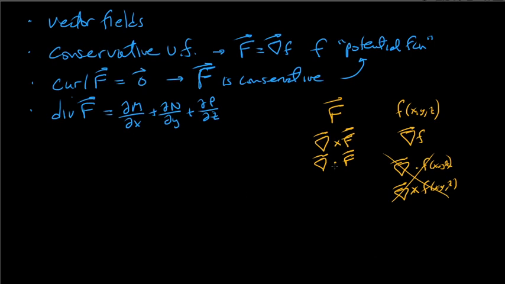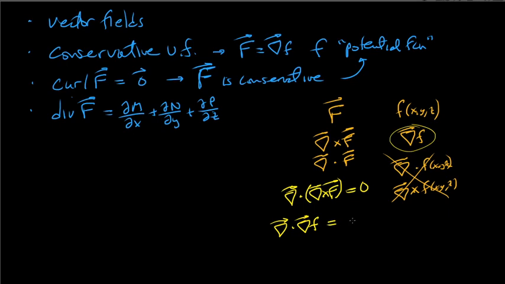But as we just saw, you can take the divergence of the curl. And if you do that, you basically just get 0, always. But remember, the gradient is a vector field. And it turns out you can take the divergence of the gradient.